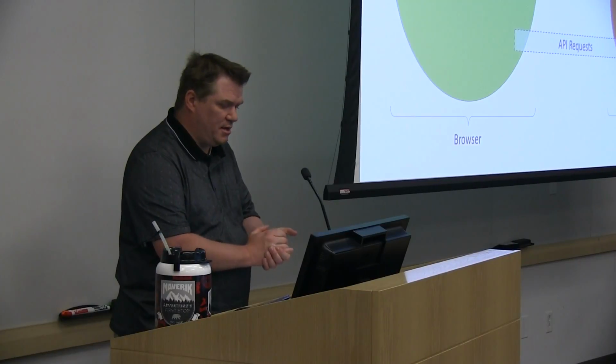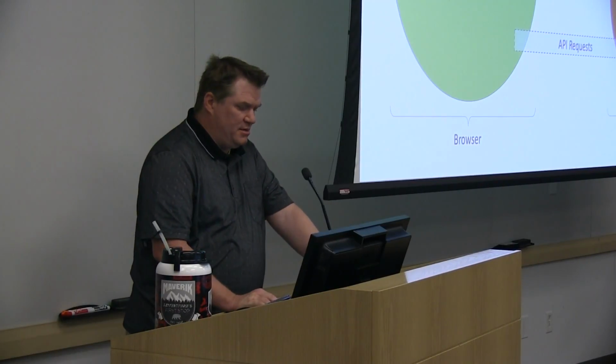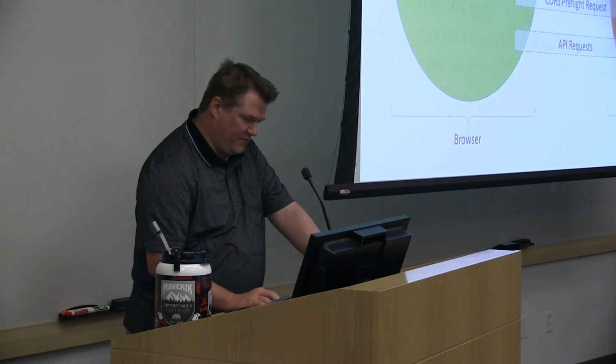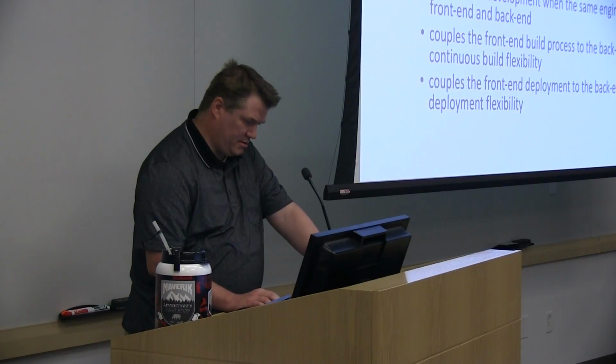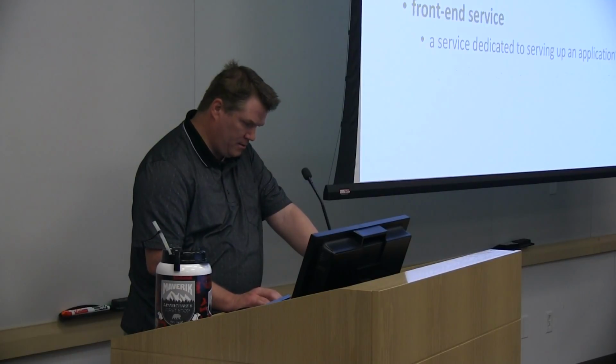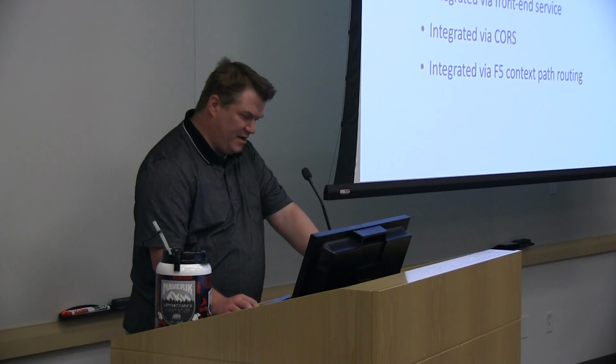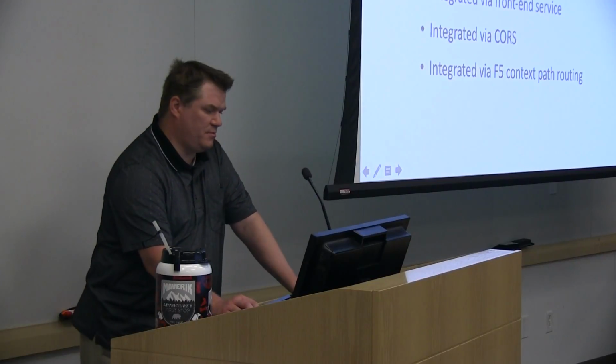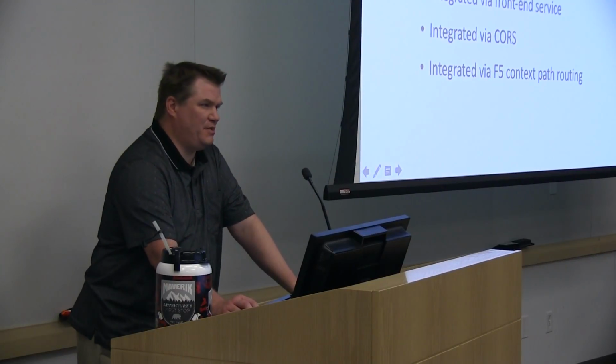What we found is, let me go back a few slides here to the list of options. All right. What we've found is this one, combined build and deployment, is the most complex.